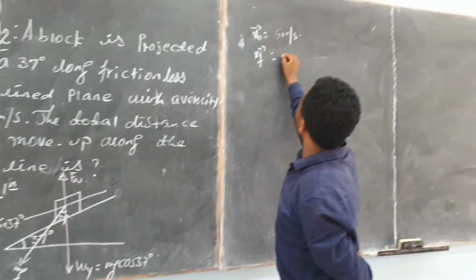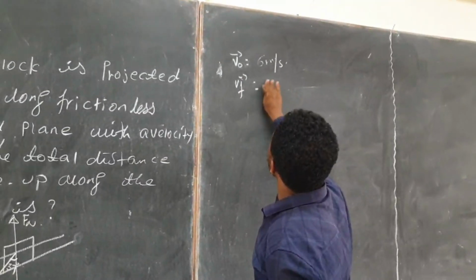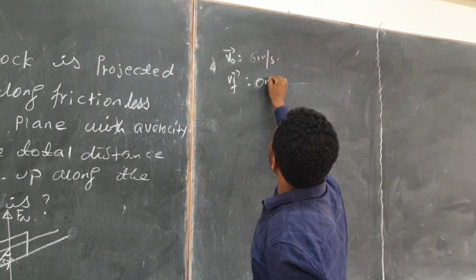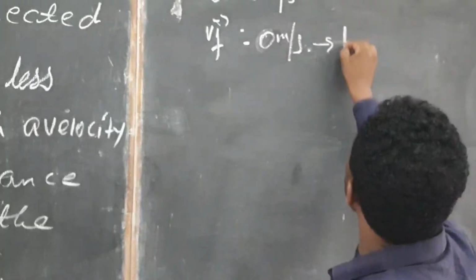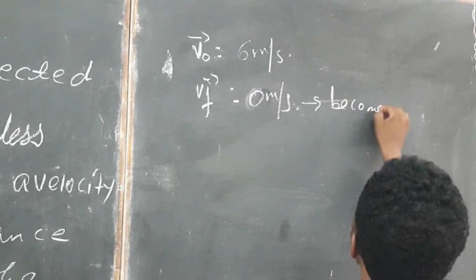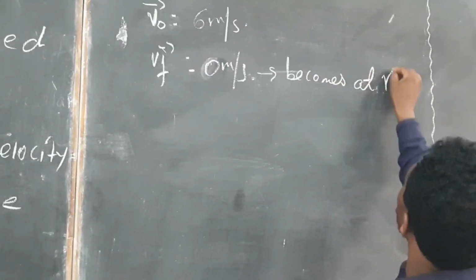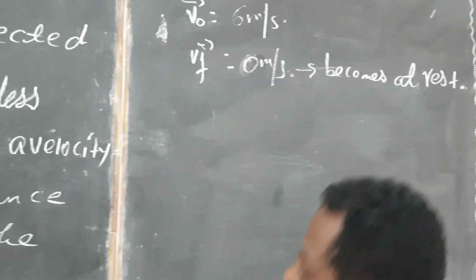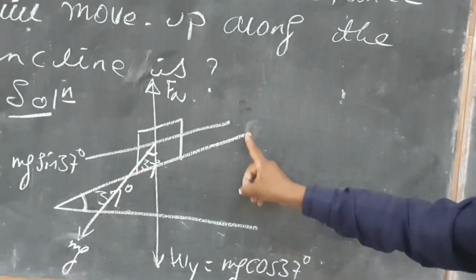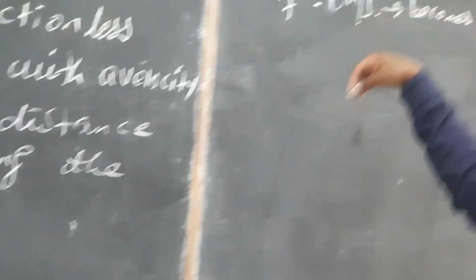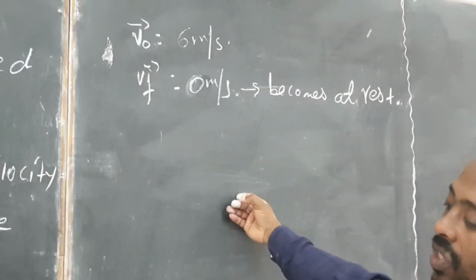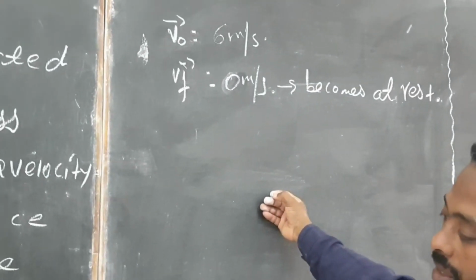Hence the final velocity becomes 0 meters per second. It becomes at rest while the object arrives at this point. And now we have to find the acceleration of the object.